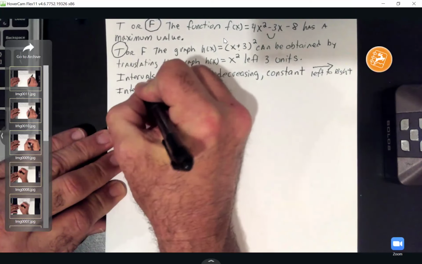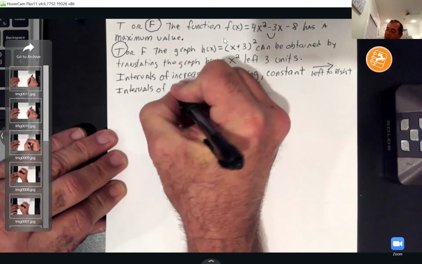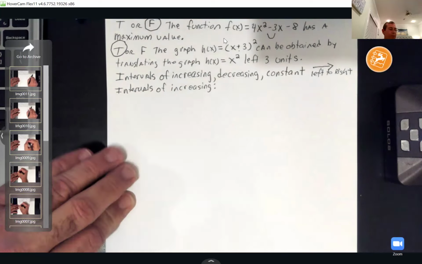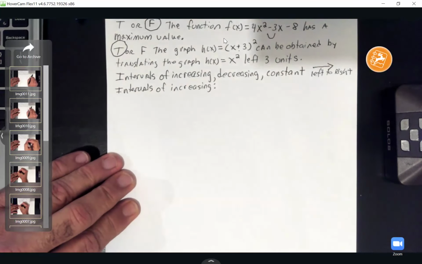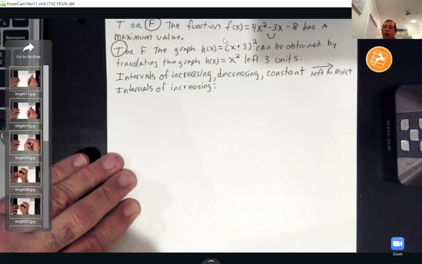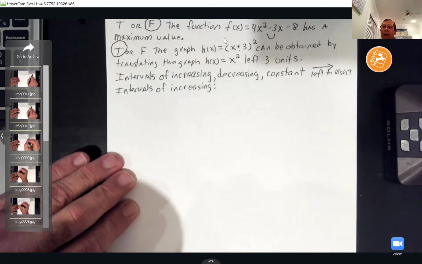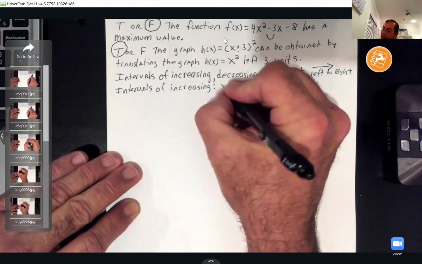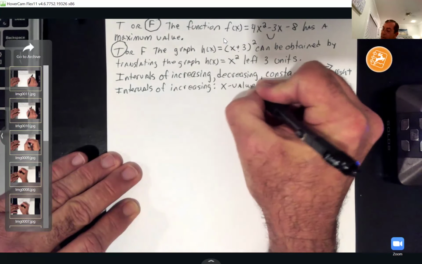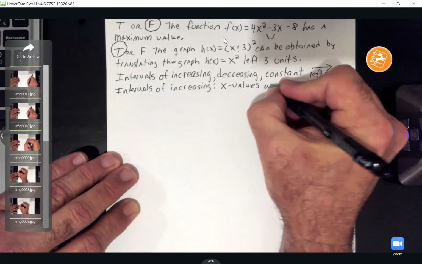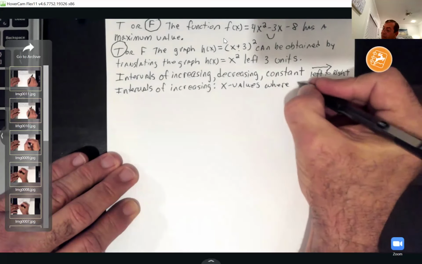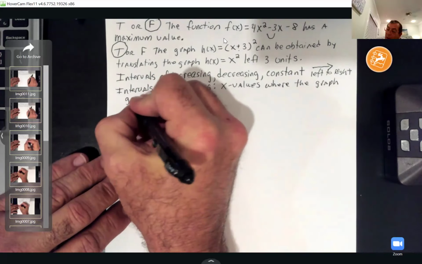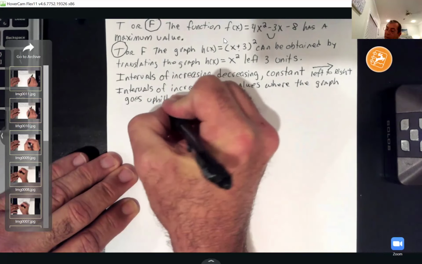Now, let's look at the intervals of increasing. We're going to do them first. When I talk about the intervals, all I care about are the x values where this happens. So an interval of increasing is the x values where the graph goes uphill left to right.